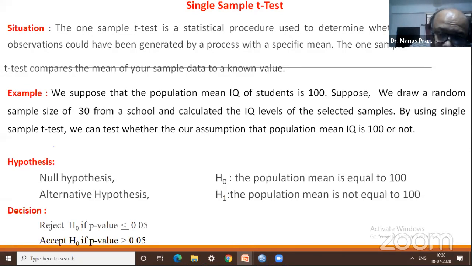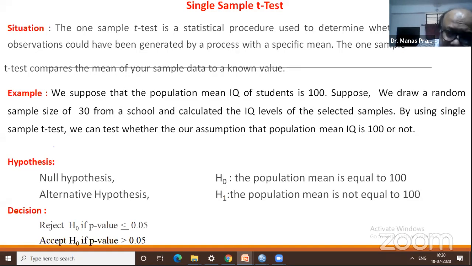Suppose we draw a random sample of size 30 from a school and calculate the IQ levels of the selected sample. What we do is conduct a test among the students. Suppose that school has 500 students.